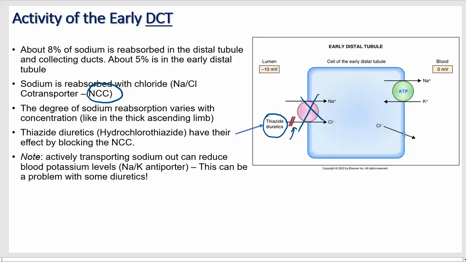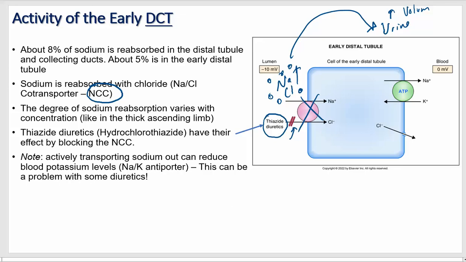If chloride can't bind, then the whole thing just doesn't work. So you end up with sodium and chloride left in the filtrate, and then it becomes urine. It's going to be a high volume of urine, because it's going to bring the water with it. Just like in any diuretic, you excrete the particles, the water will follow.